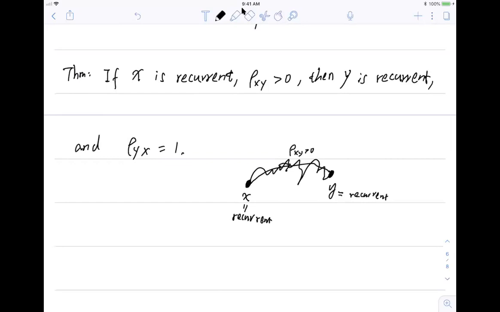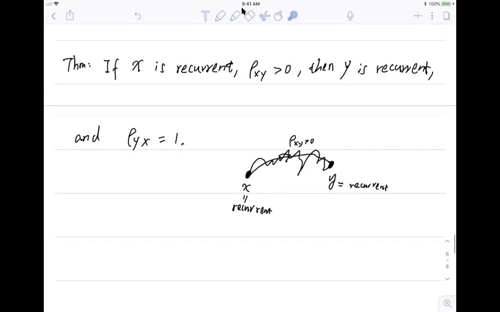And not done yet, also rho y x equals 1. That means from y you can always reach x, infinitely many times. Since this is true, we can also prove rho y y equals 1.